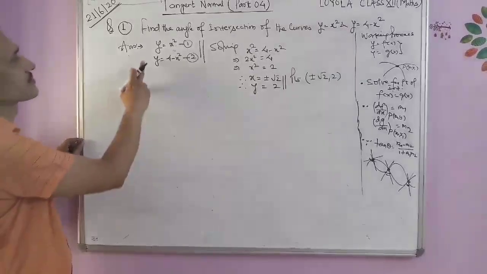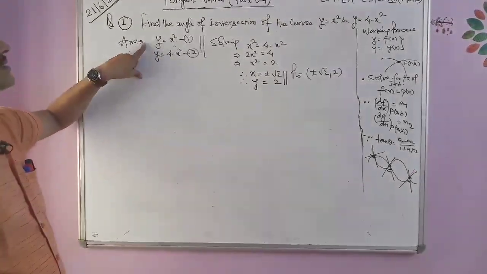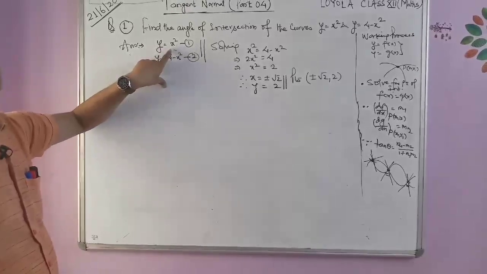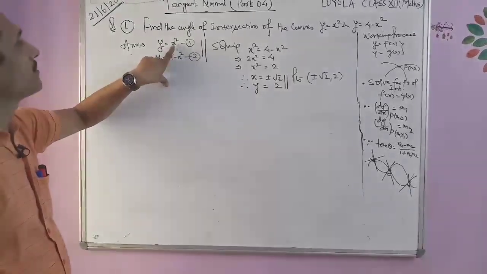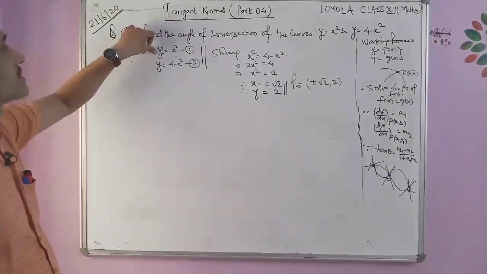Here both curves are symmetric about the y-axis. If we replace x by minus x, the equation of the curve remains the same.